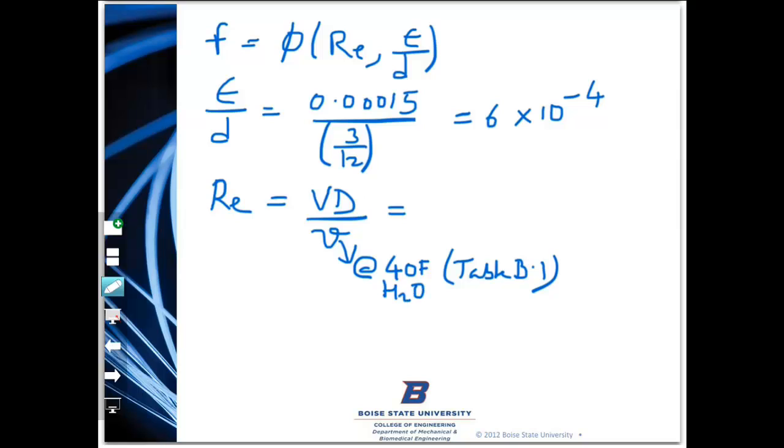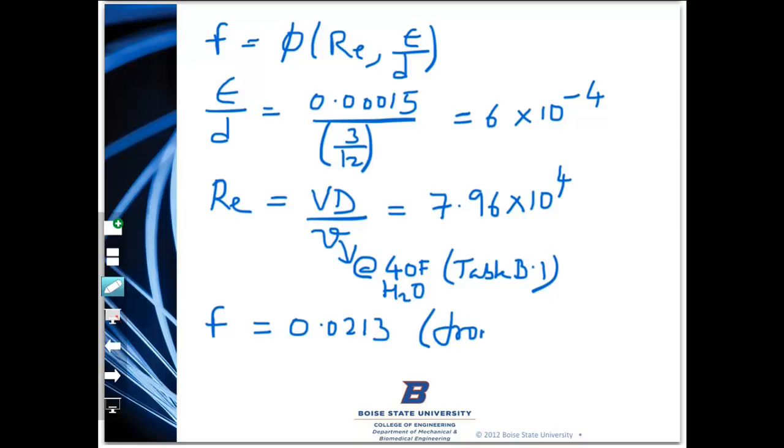Okay, water, and you'll get 7.96 times 10 to the 4. So with this, you get f from your Moody diagram from figure 8.20, or your Moody chart.